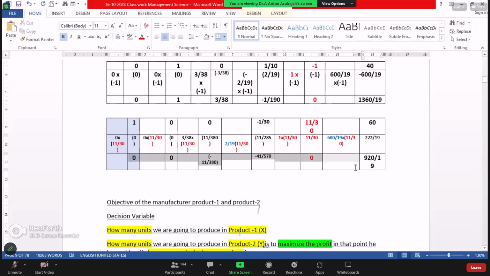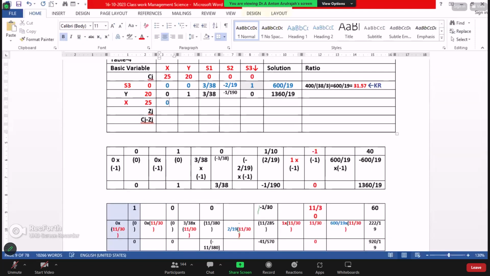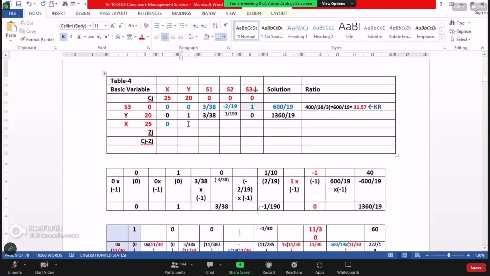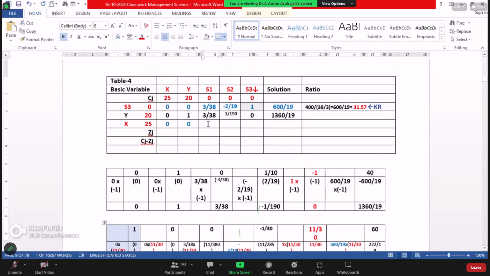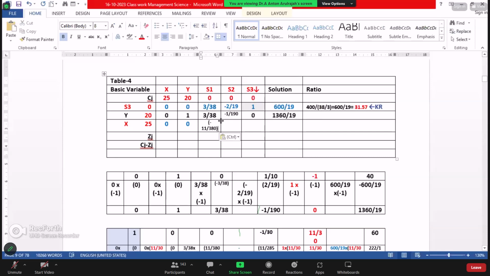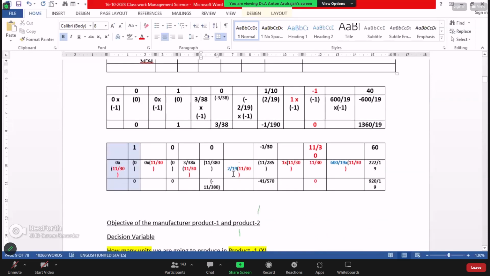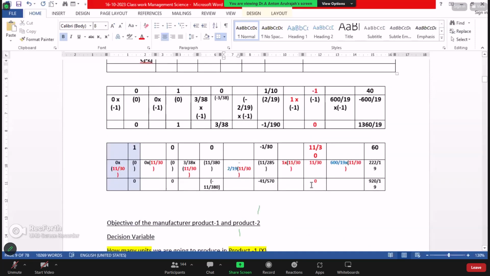We hope this may be the last one. Therefore, here 0, here also 0. Here minus, the 0.